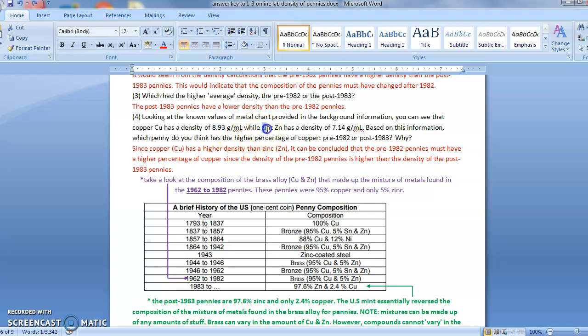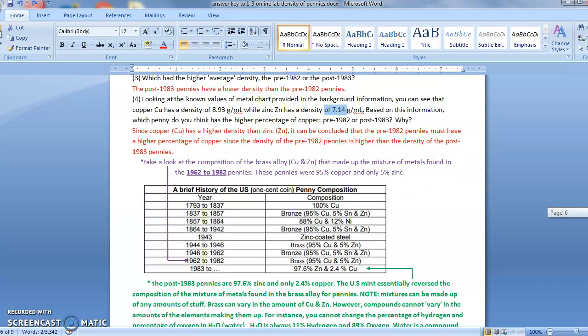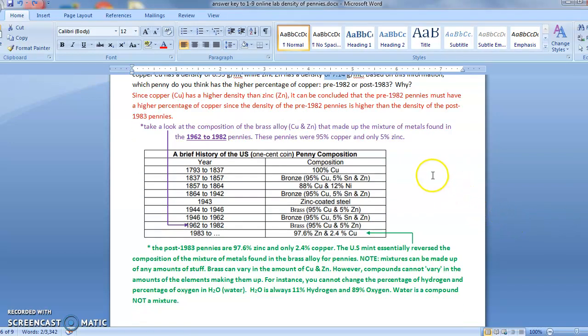The pennies that were produced in the mint after 1983 had a lower density, which means they must have had more zinc in them, since zinc has a lower density than copper. Looking at this little thing here that was taken from knowledge of the percentages of metals used in these alloys.